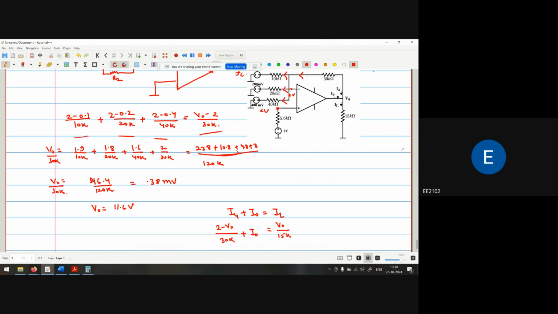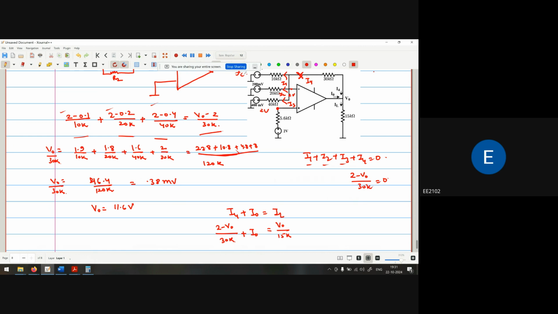Otherwise your equation will be, if I say this is I1, I2 and I3, and this is I4, and you take this also as an outgoing current, then your equation is I1 plus I2 plus I3 plus I4 becomes 0. I1, I2, I3 are all the same. And what is the value of I4? 2 minus V naught upon 30K. That becomes 0.